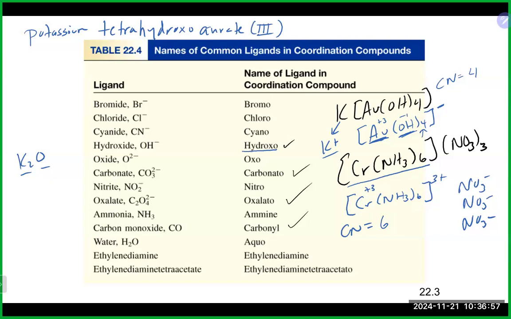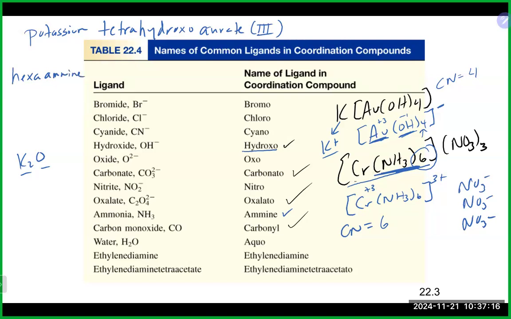We are still going to start with the ligands here. We have ammonia, which is ammine, and we have 6, which is hexa. So this is going to be hexaammine.